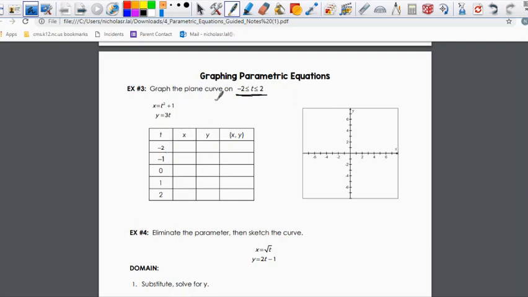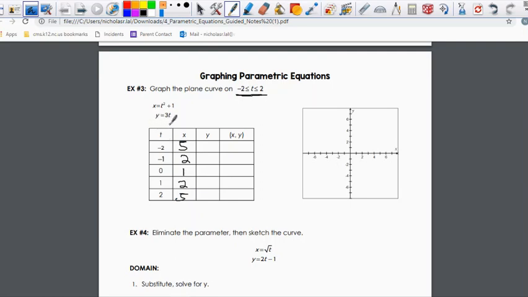All right. x is equal to t squared plus 1, y is equal to 3t. So when t is negative 2, negative 2 squared plus 1, negative 2 squared is 4, 4 plus 1 is 5, negative 1 squared is 1, 1 plus 1 is 2, 0 squared is 0 plus 1 is 1, 1 squared is 1 plus 1 is 2, and 2 squared is 4 plus 1 is 5.